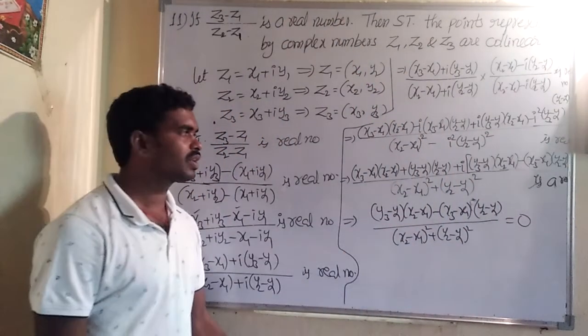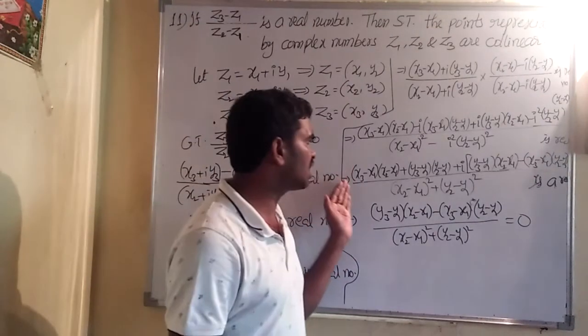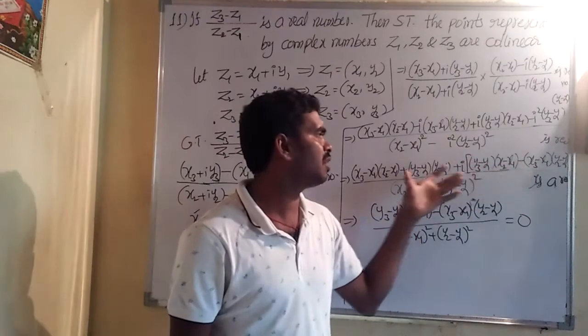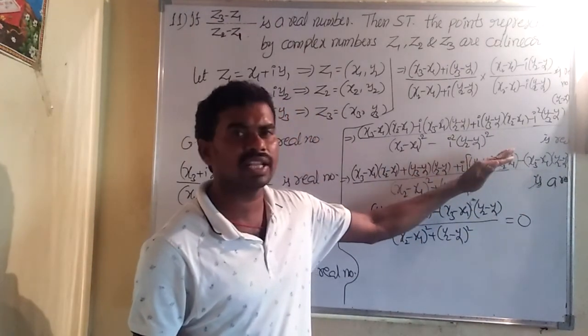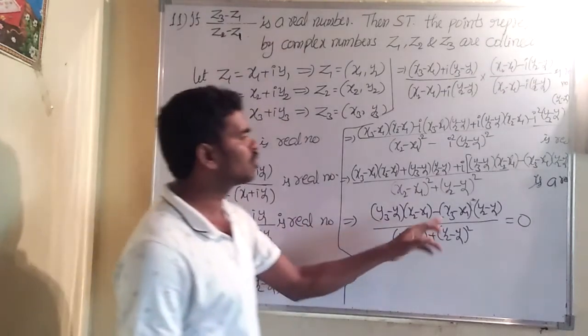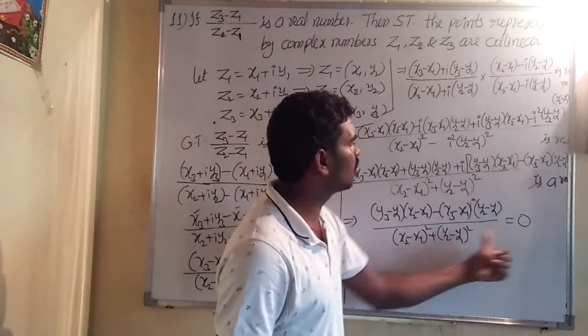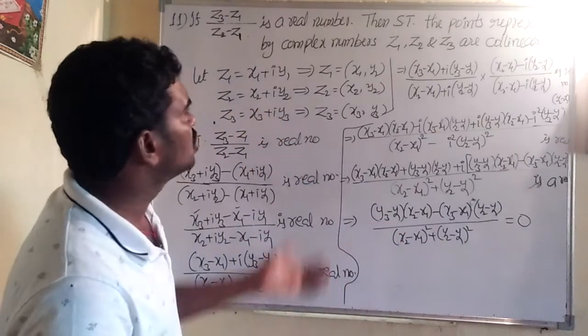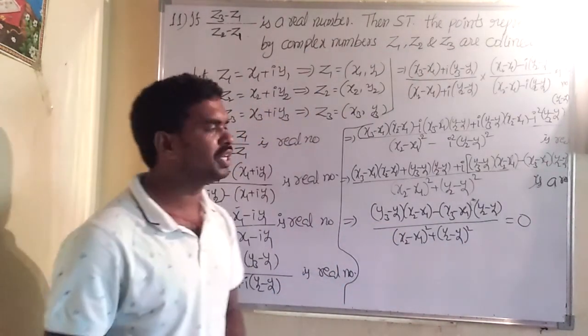Is it clear? Once again, the given term is a real number, so its imaginary part must be 0. That is the reason to write the imaginary part equal to 0. Now simplify this, then we can show Z1, Z2, Z3 are collinear.